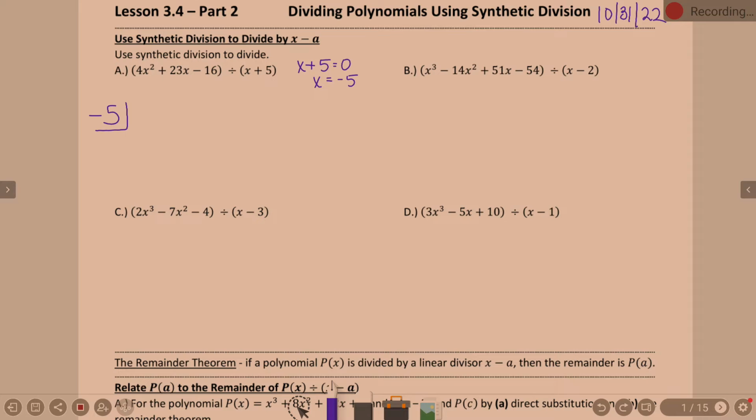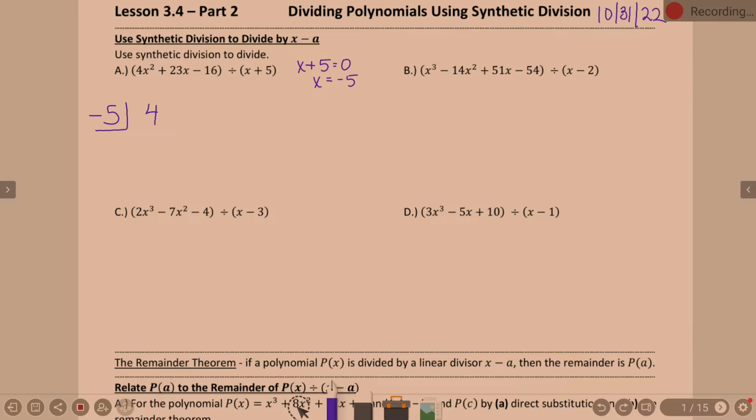From there, to the right of that box, we're going to list the numbers in our dividend. Now, we only want the coefficients. So starting with 4, it will be incredibly important that you don't have missing pieces. So if you start with an x squared term, after an x squared term has to come an x term. After an x term has to come a constant, right?